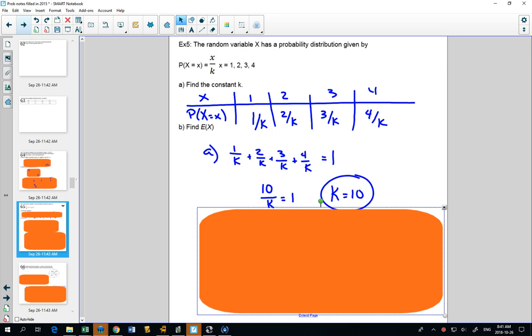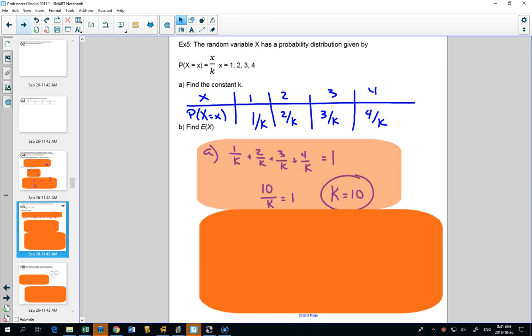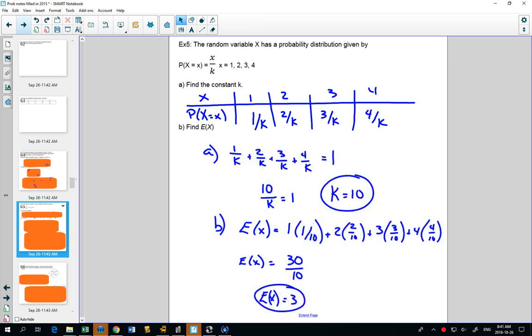And once you found k, check if you got your expectation right. The expectation should be 3.